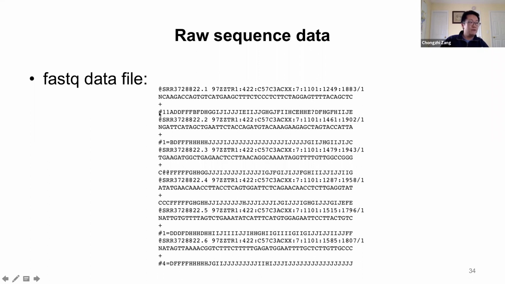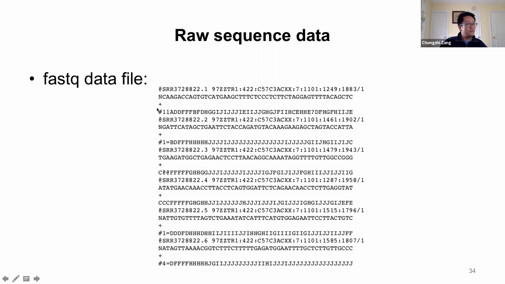And the fourth line is the sequence quality score of each base. The quality score is coded by ASCII code, so some characters have a lower score and some a higher score.